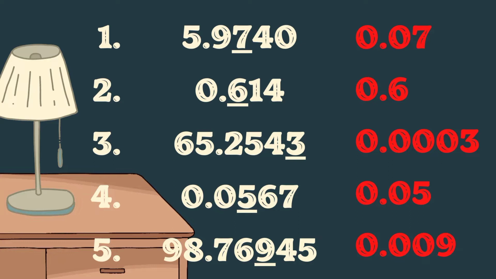The underlined digit is number 6 and the answer is 0.16. For our number 3, the underlined digit is number 3 and the answer is 0.003. For our number 4, the underlined digit is number 5 and the answer is 0.05. For our number 5, the underlined digit is number 9 and the answer is 0.09.